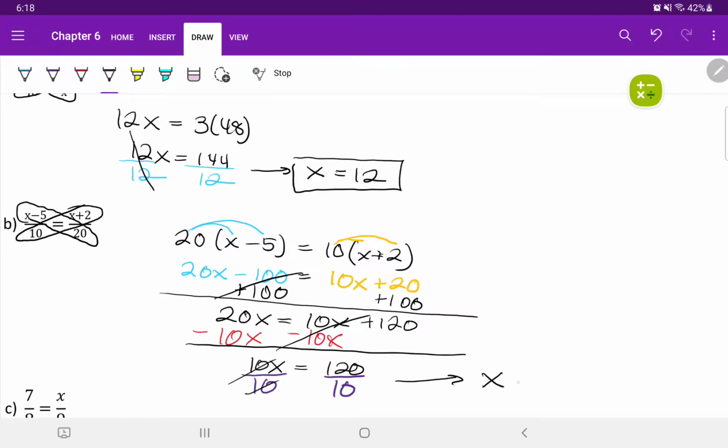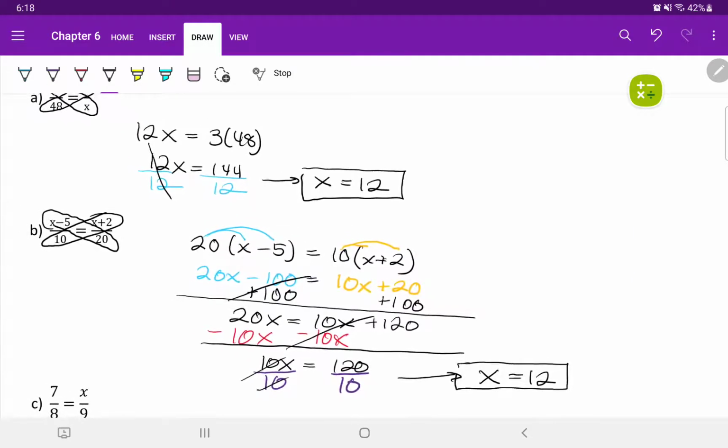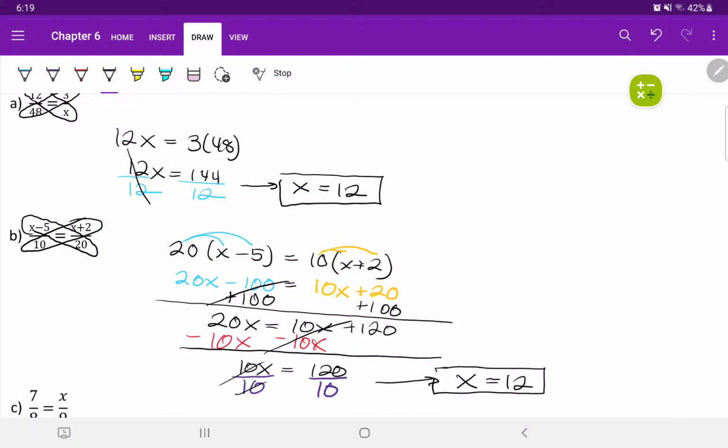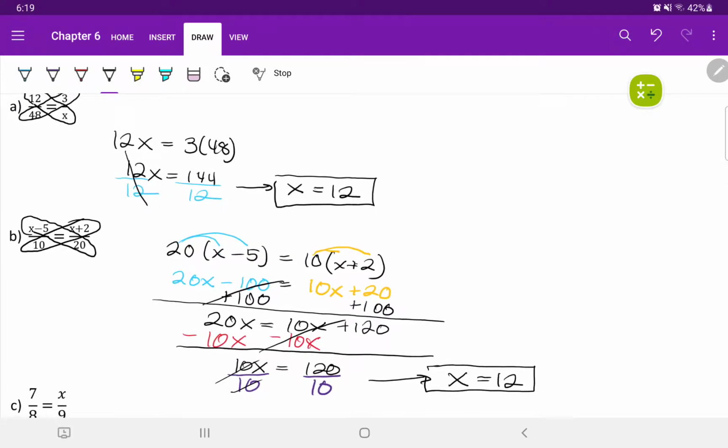X equals 120 divided by 10. 120 divided by 10 is 12. That is the answer to 3B. If you understand 3A and 3B, 3C and 3D shouldn't be that much of a problem.